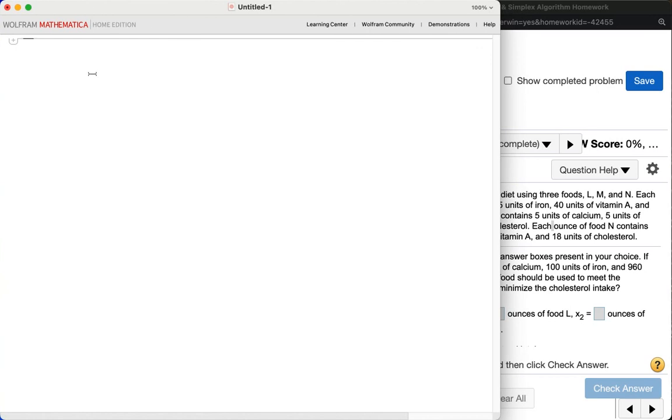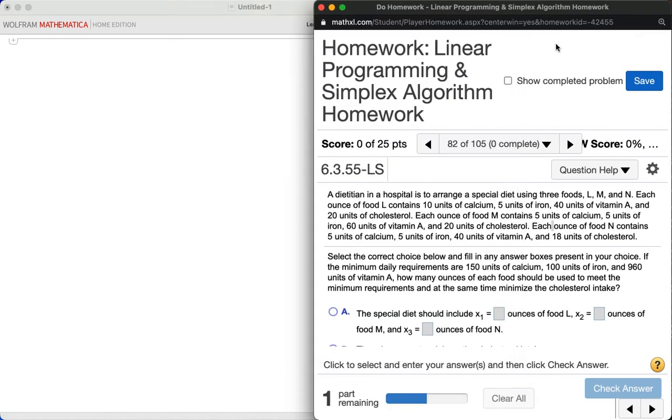So what I'm going to do, now remember, I'm going to have to solve this problem using duality, which means I have to take the transpose of the matrix whose values are the coefficients of my constraints.